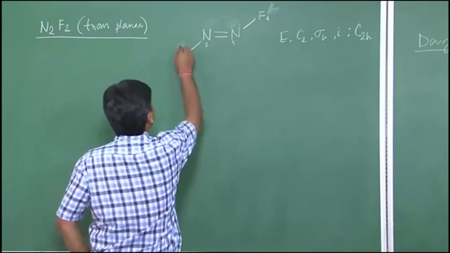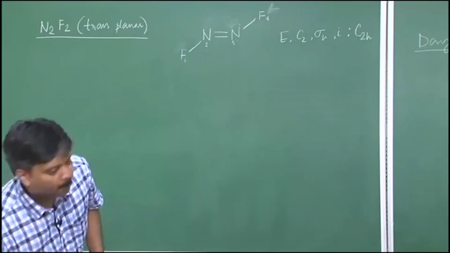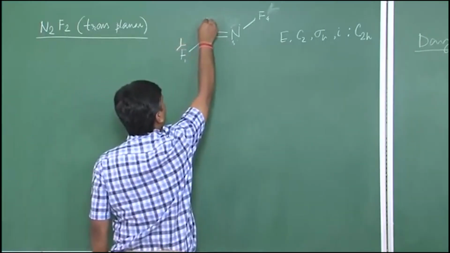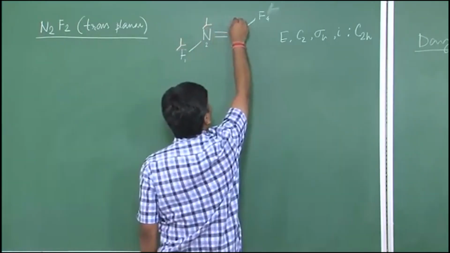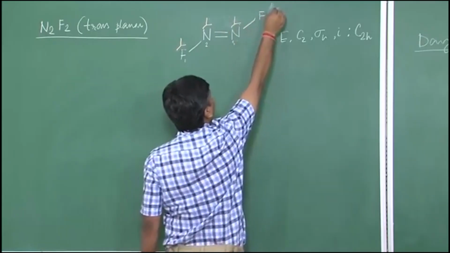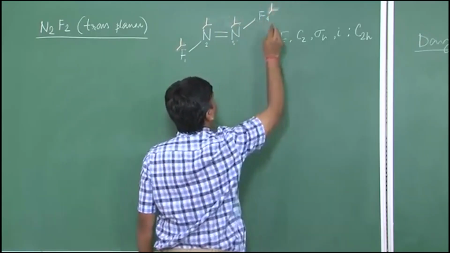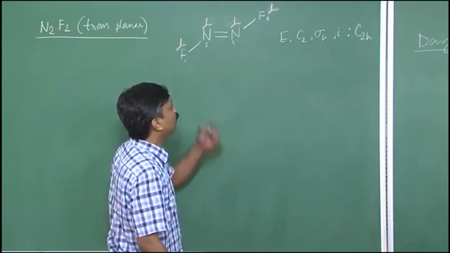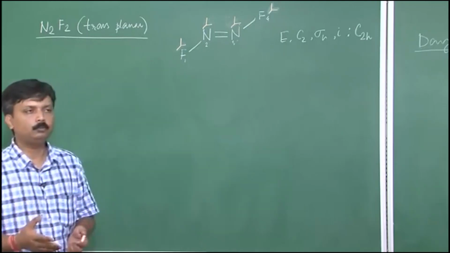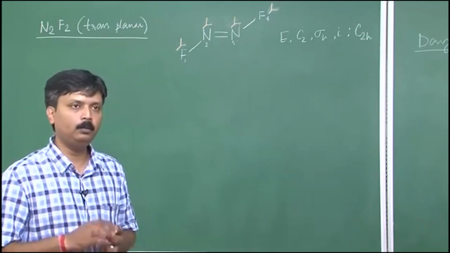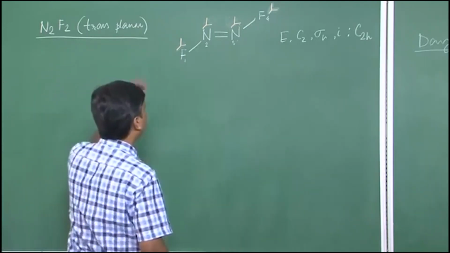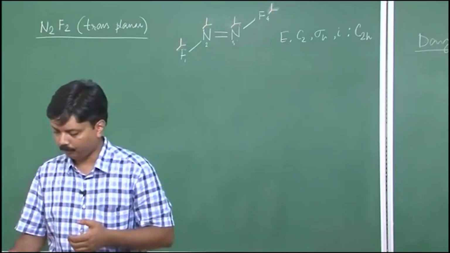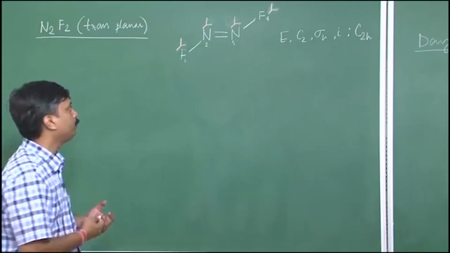So we will consider the XYZ coordinates on each one of these atoms. In total I have 4 times 3 equals 12 Cartesian coordinates as my basis function.